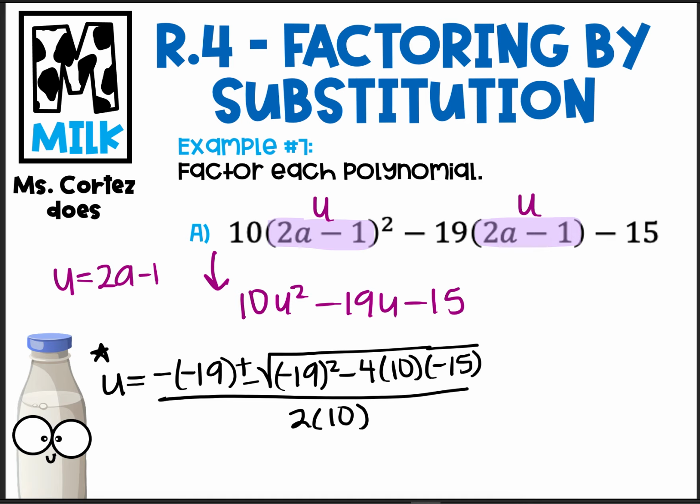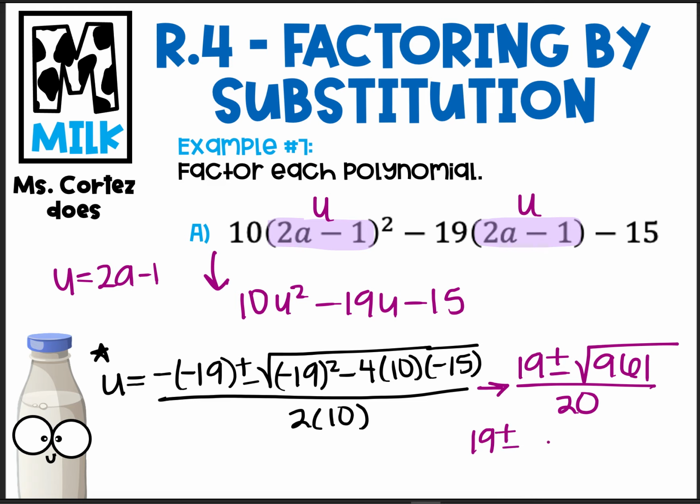After I keep on simplifying, this is 19 plus or minus the square root of 961, divided by 20. And I end up having 19 plus or minus 31, divided by 20. Those are my two u options.